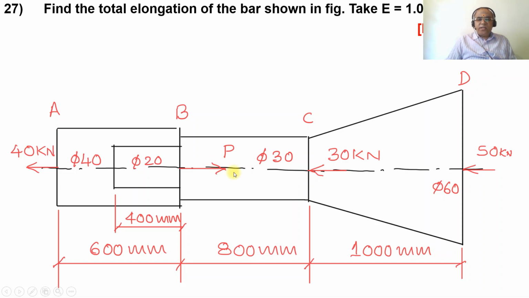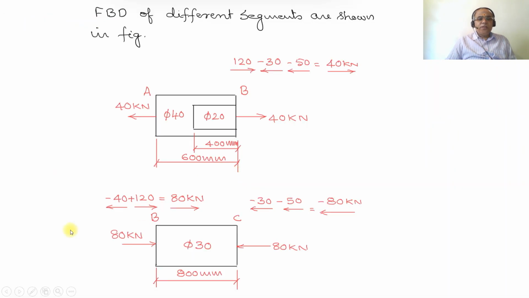According to the sign convention, a force acting toward the left side is considered negative, and a force acting toward the right side is considered positive. So it will be minus 40 plus 120, which is equal to 80 kilonewton. Since it is positive, the force is acting toward the right side.